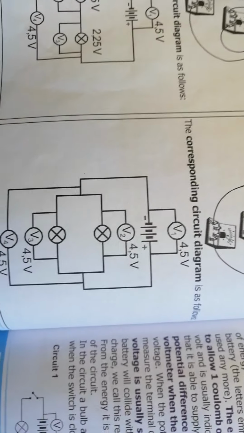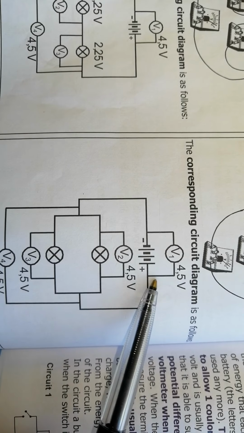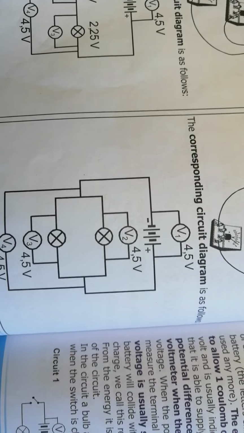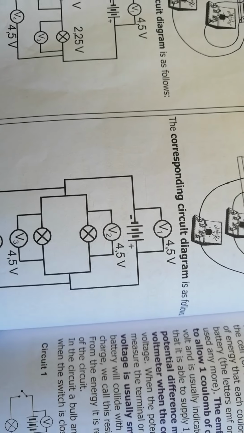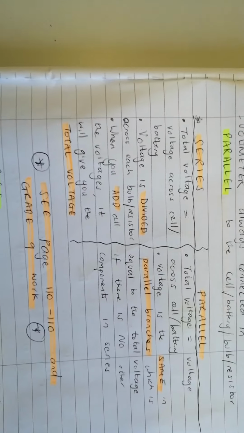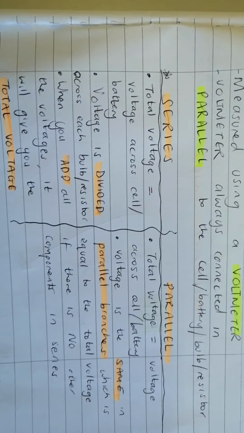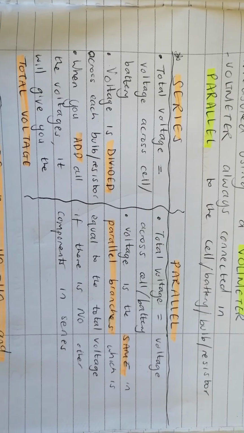The same goes for this circuit here. Here's the battery, here's the voltmeter in a branch parallel to it, and the voltage is 4.5 volts, which shows the total voltage of the circuit. So whether you have a series circuit or a parallel circuit, the voltage across the cell or battery is the total voltage of the entire circuit.